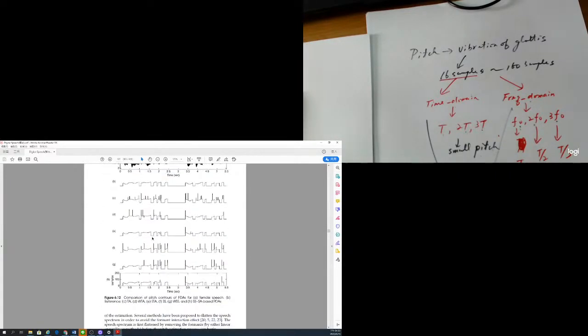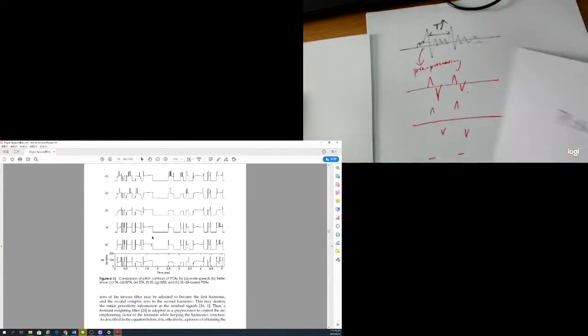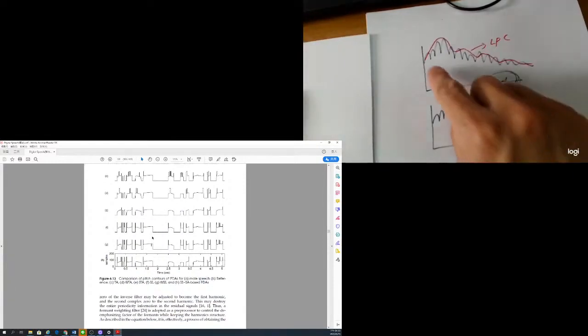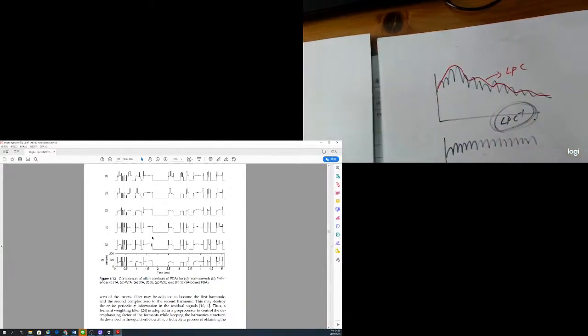So in the past, when we talked about how to find the best pitch, sometimes we tried to remove the envelope shape. The envelope shape in the frequency domain looks more like this one.